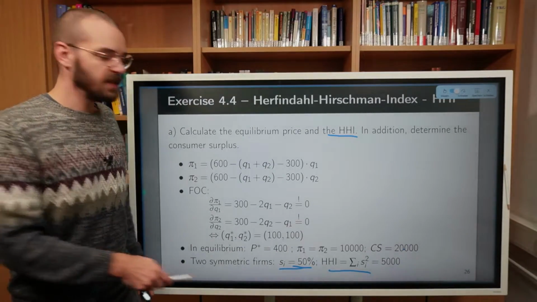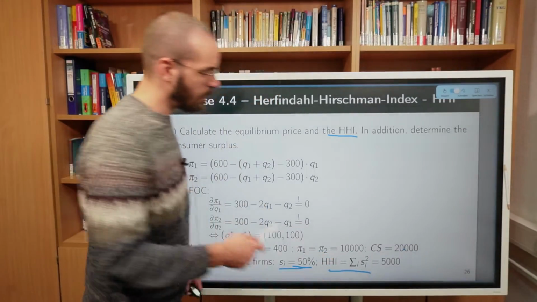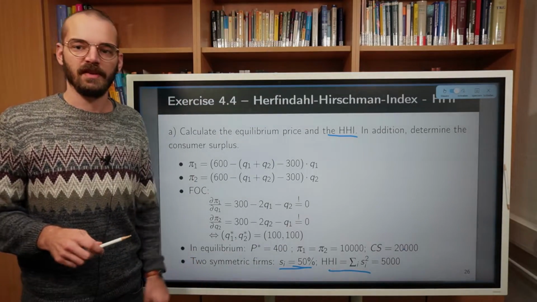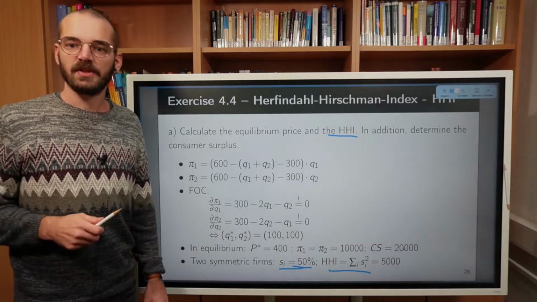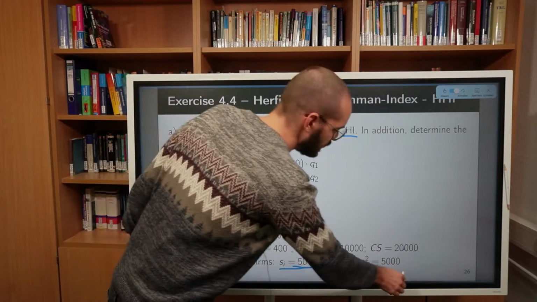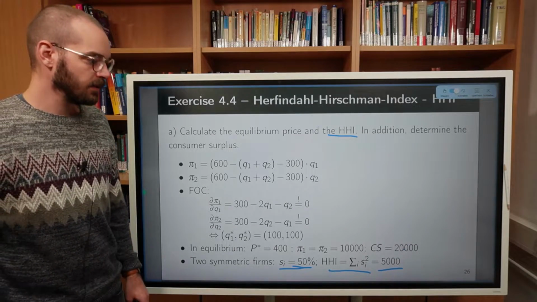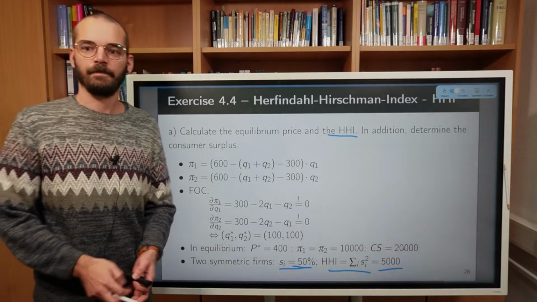So what is written in this sum is the sum of 50 squared. 50 squared is 2,500. 2 times 2,500 yields a Herfindahl-Hirschman-Index of 5,000 in this scenario.